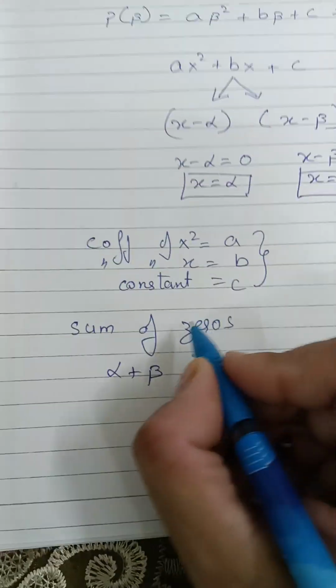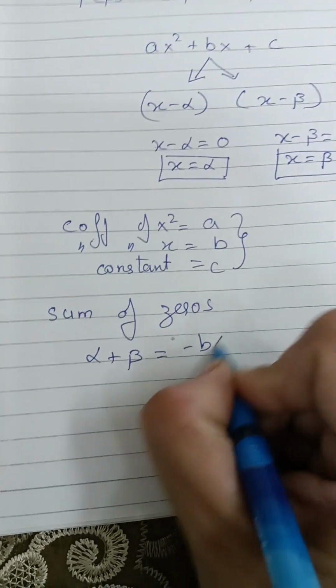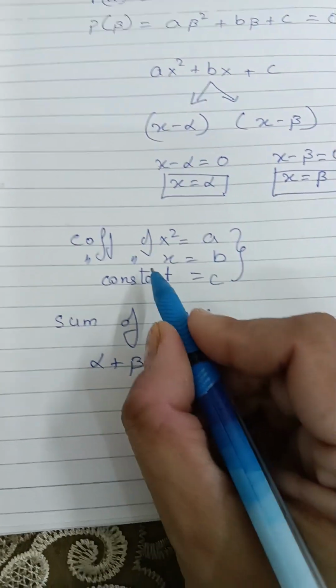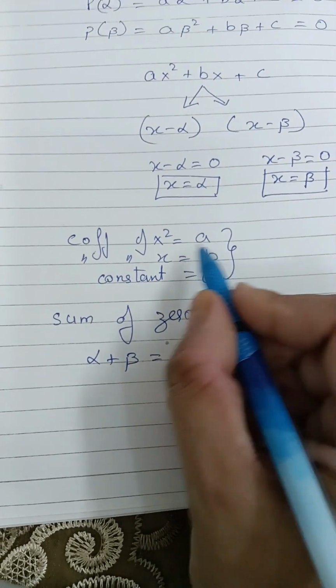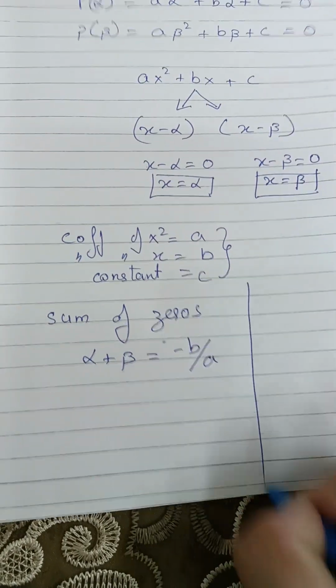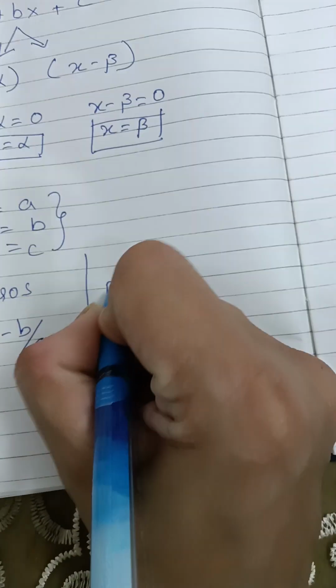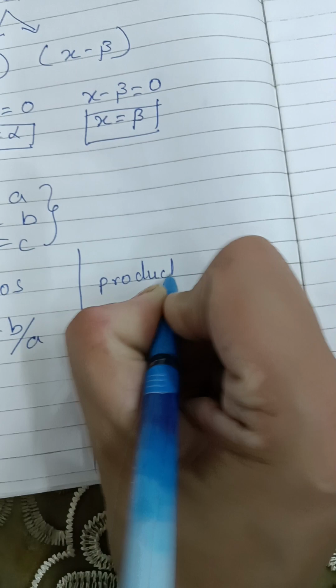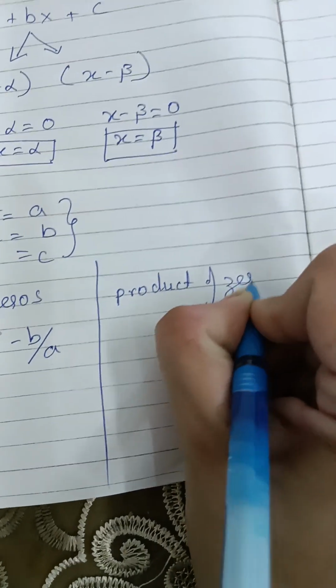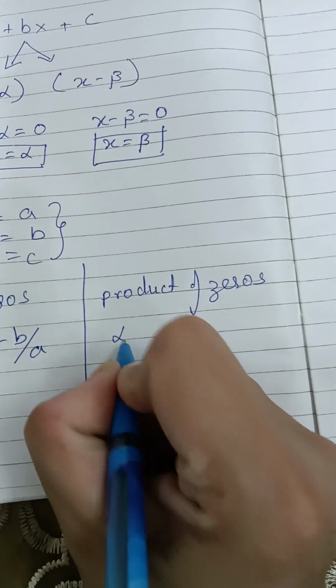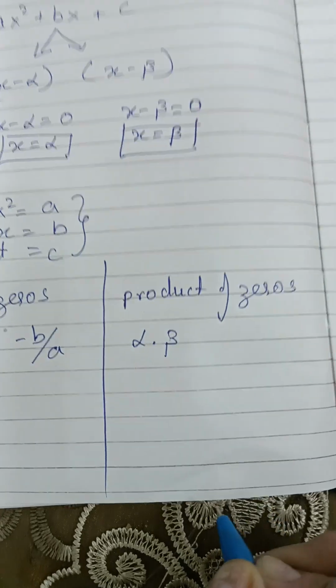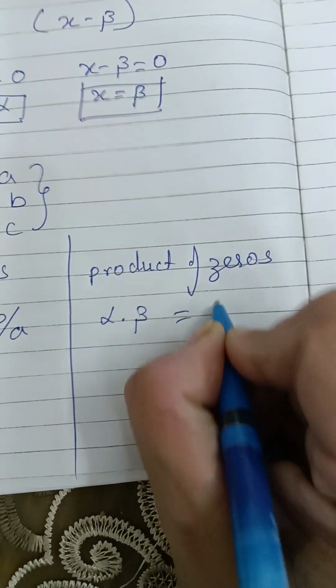The sum of zeros will always be equal to minus b upon a, where b is the coefficient of x and a is the coefficient of x square. The second relation is the product of zeros.